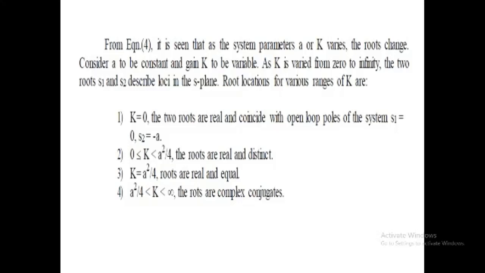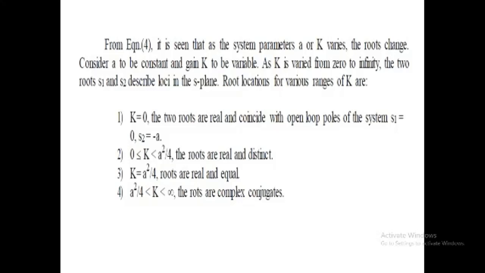All the asymptotes intersect on the real axis at the point sigma a, given by sigma a equals the sum of poles minus the sum of zeros, upon n minus m.